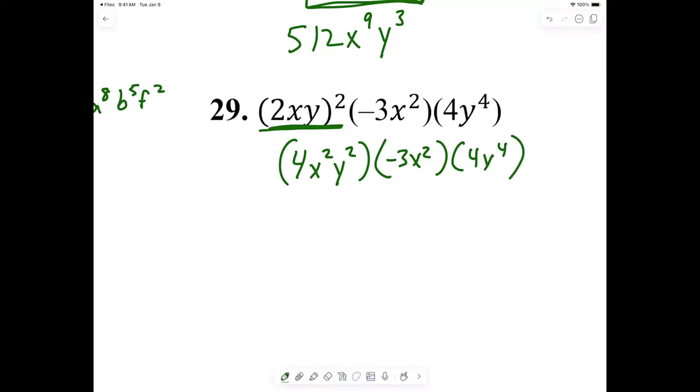Wait a minute. No, no, no. I see what you're thinking. This square has nothing to do with this -3, right? Oh yeah. Now you're just looking at the numbers. Multiply those numbers. Yeah, multiply those numbers now.